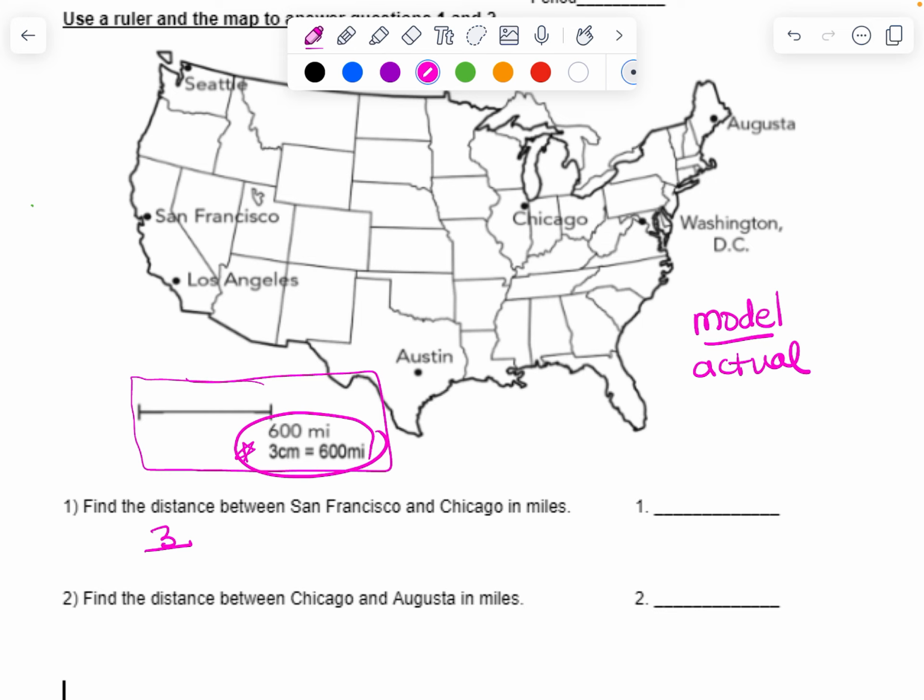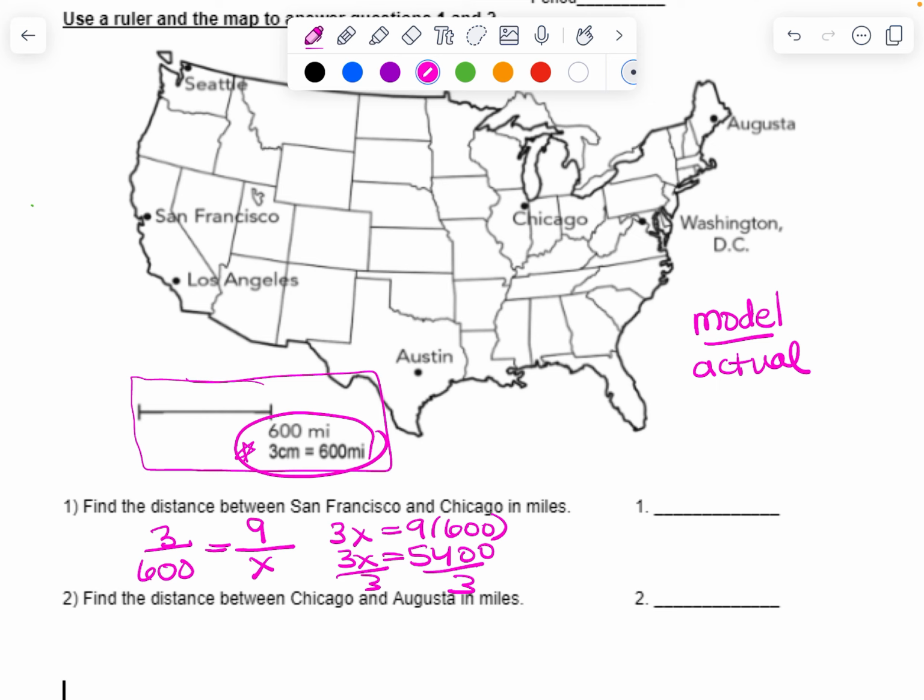When we measure with our ruler, we find that we're 9 centimeters apart on our map and we want to know the actual distance. So we'll do some cross products. 3x equals 9 times 600, or 3x equals 5,400. We'll divide both sides by 3 to get that the actual distance is 800 miles.